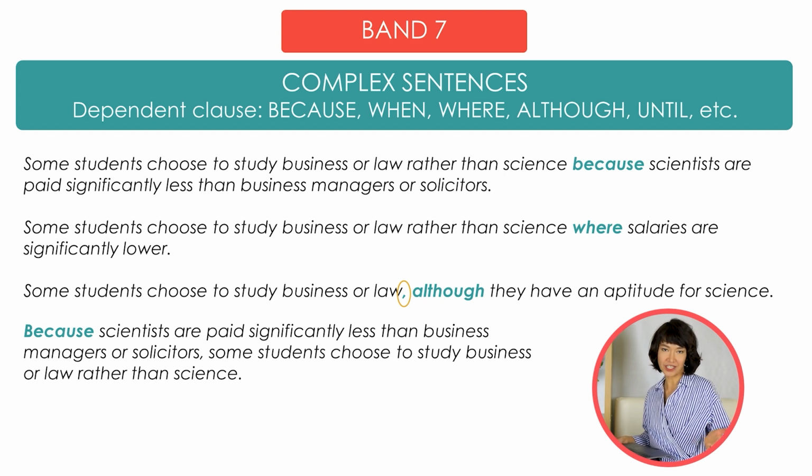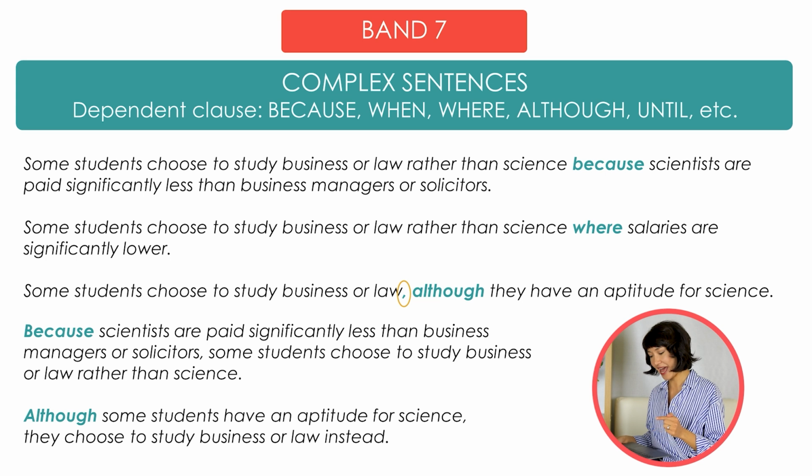We can't really transform the second sentence in this way because it will make no sense. But we can do it with the third example. Although some students have an aptitude for science, comma, they choose to study business or law instead. To get a high score for your grammar, it's really important to use commas correctly.